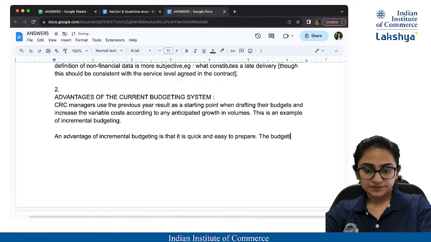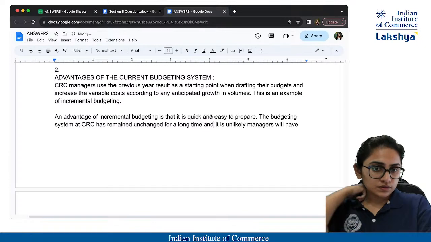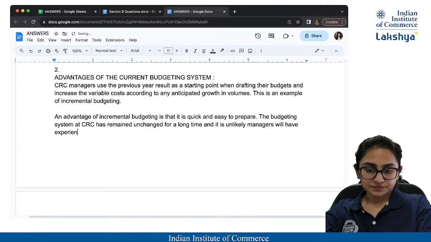The budgeting system at CRC has remained unchanged for a long time, so many years, and it is unlikely managers will have experience in any other method of budget setting.